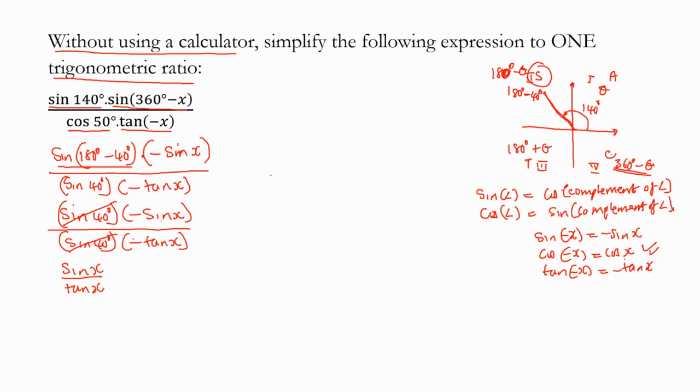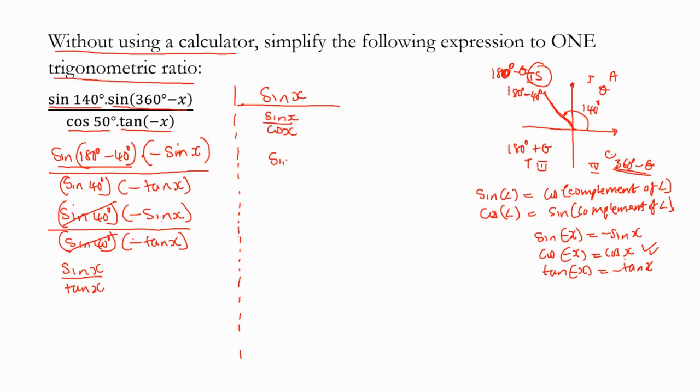Okay, and then what are we left with here? We just need to use the identity of tan x. So sine x divided by tan x is sine x over sine x over cos x. Okay, and then there are two ways we can do this.